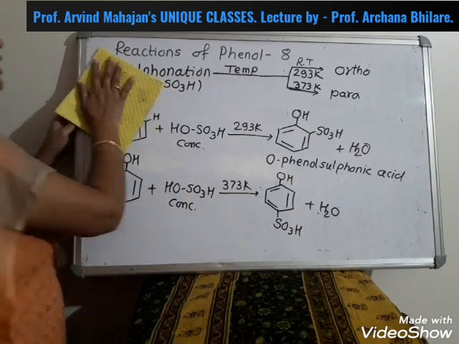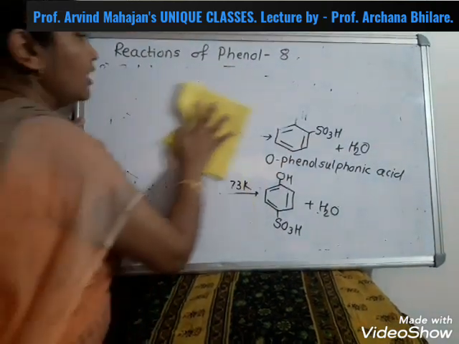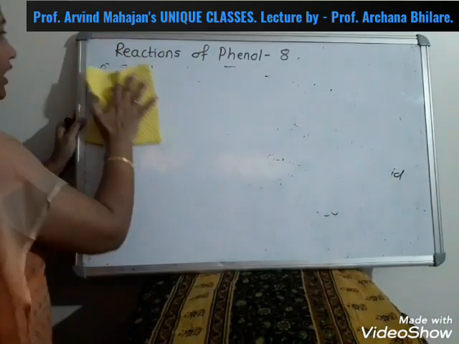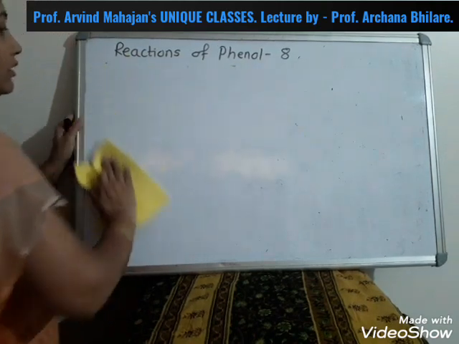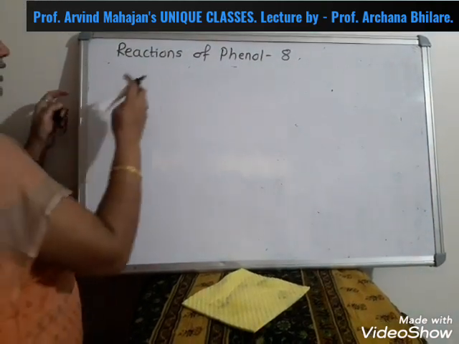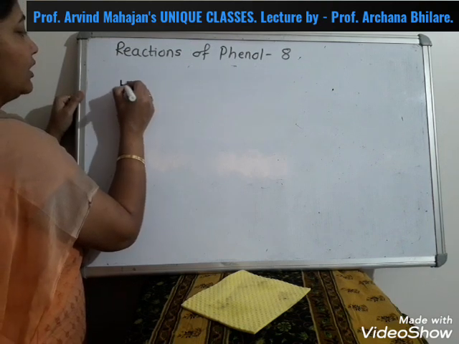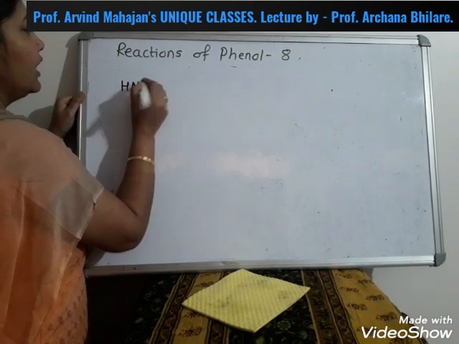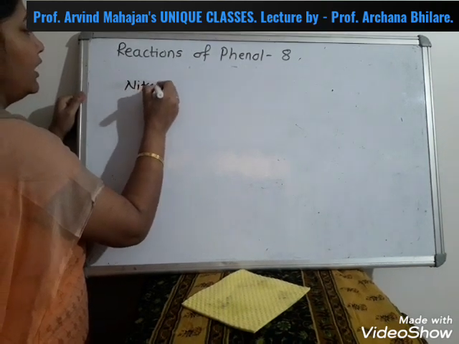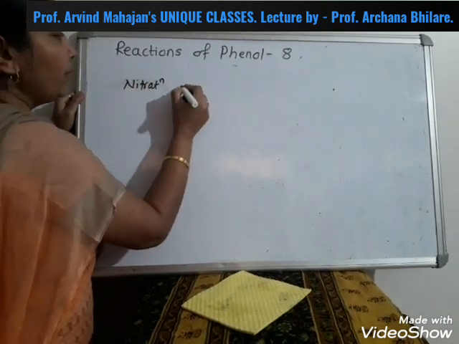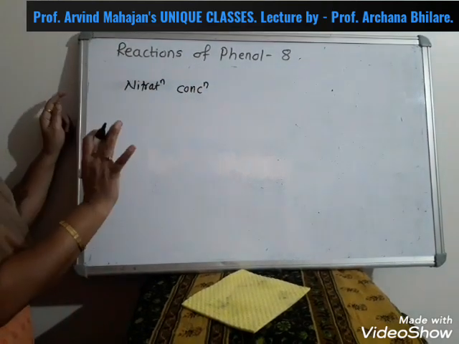These three reactions are similar, so I will tell you these three reactions one more time. We will summarize them in short, then discuss further reactions. See what happened in this reaction. Phenol is treated with HNO3, nitration. The nitration product depends upon the concentration of the acid.